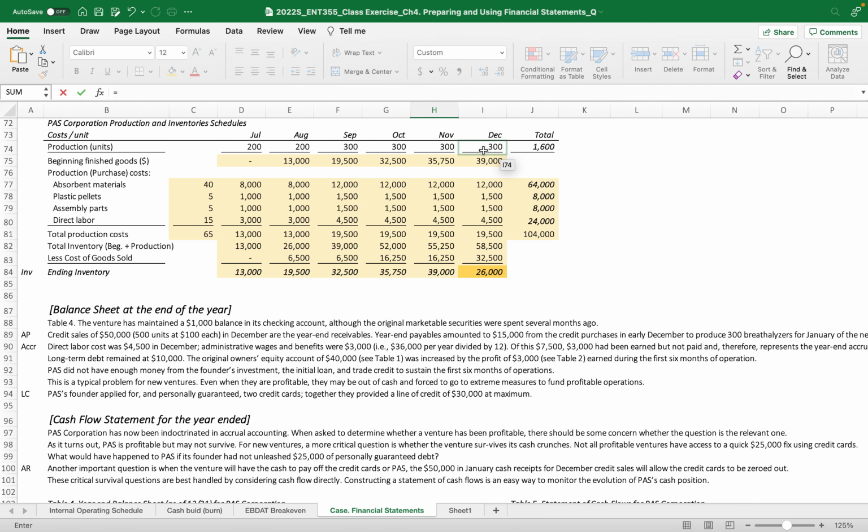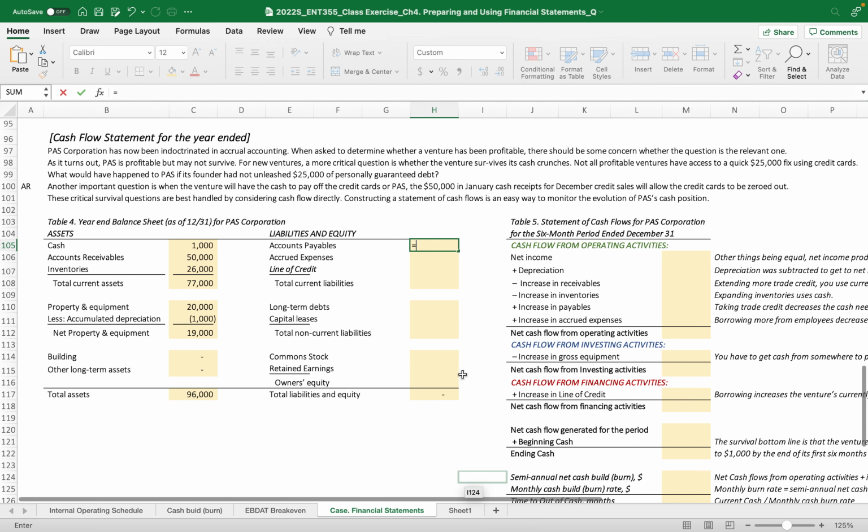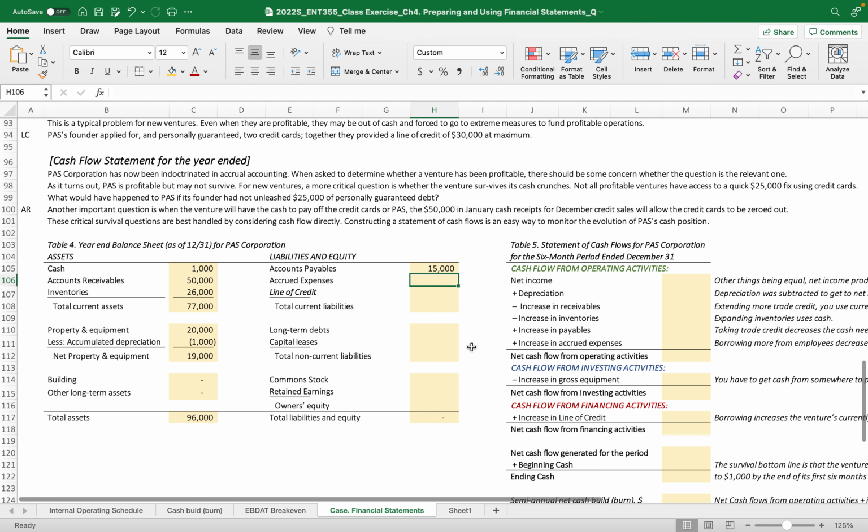In order to produce 300, this 12,000 and 1,500 and 1,500 plastic pallets assembly parts, except for these 500 direct labors, because the accounts payable is the purchase, right? Raw material or parts or some product purchased from the vendor on credit, right? So this has 15,000 as indicated on the description.